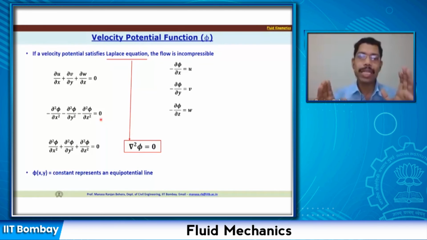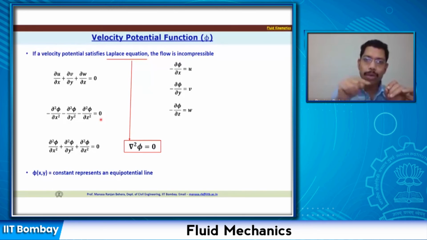If that function is equal to some constant, that constant will give me one line. That is nothing but my equipotential line. It means the potential phi value is going to be the same along that line anywhere. So if I calculate the gradient along the equipotential line, I will get a value that is going to be 0, because equipotential everywhere it is the same, so there is no change. So my gradient is going to be 0. All right.